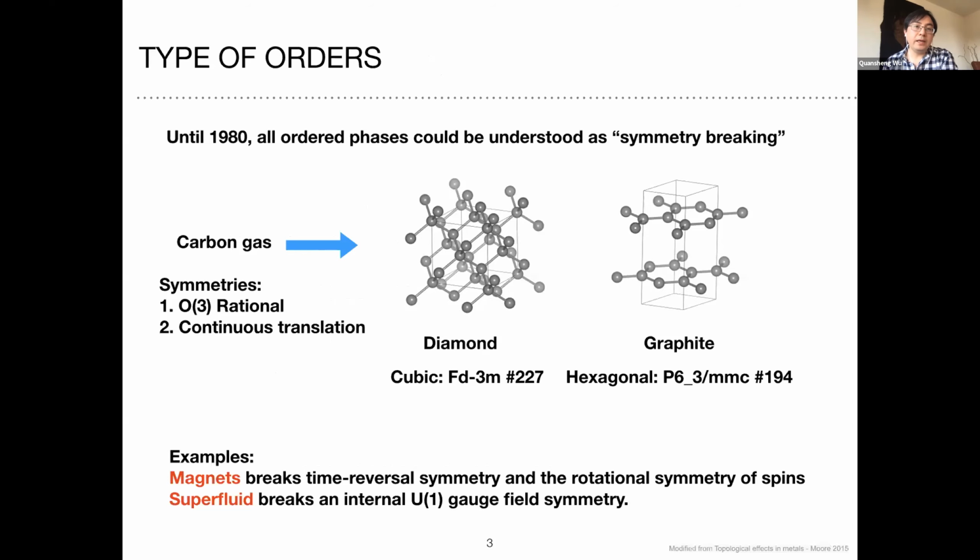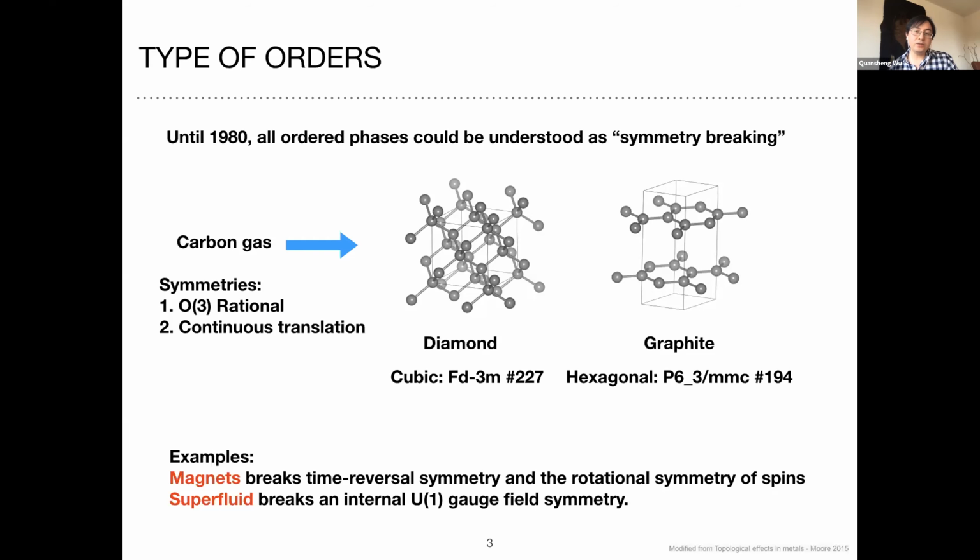Let's start with the type of orders. Until the 1980s, all the ordered phases could be understood by symmetry breaking, as we learned from the textbook. For example, take the example of a gas. Let's think we have a carbon gas. In the gas system, we have full O3 rotation symmetry, and also we have continuous translation symmetry.